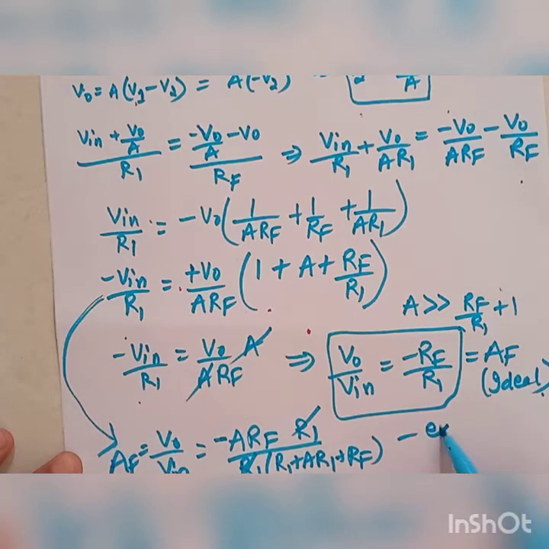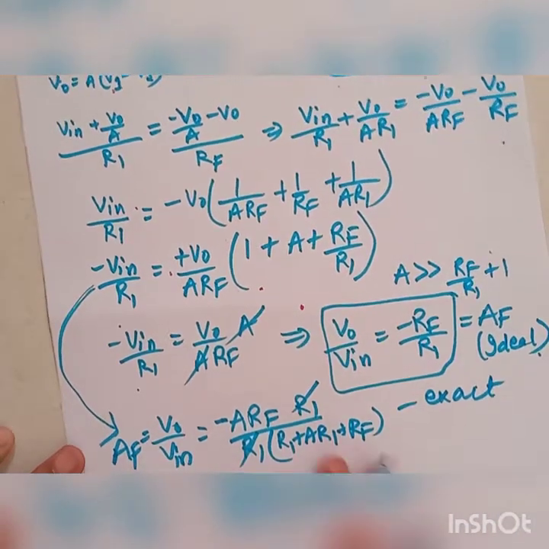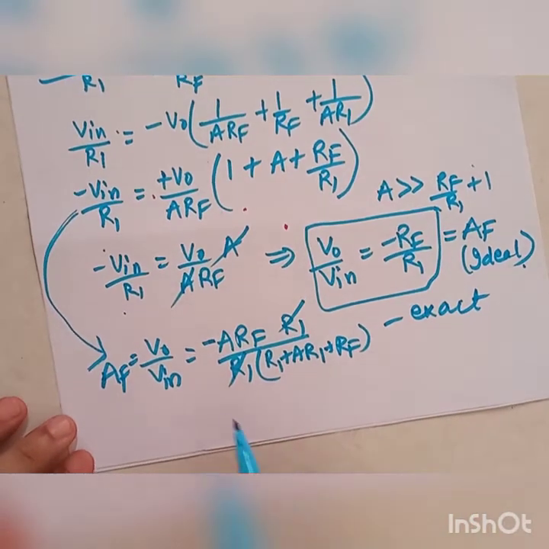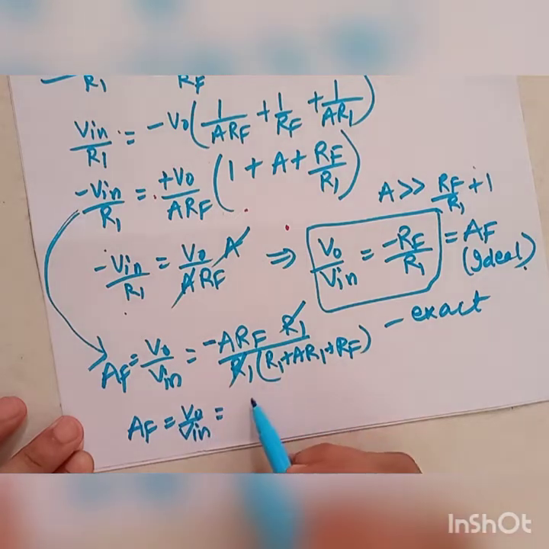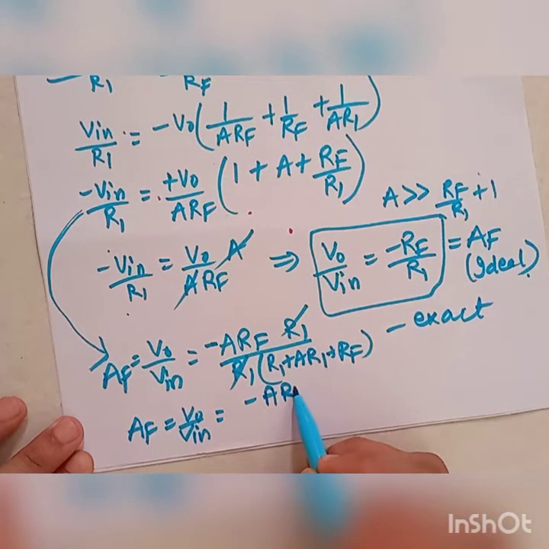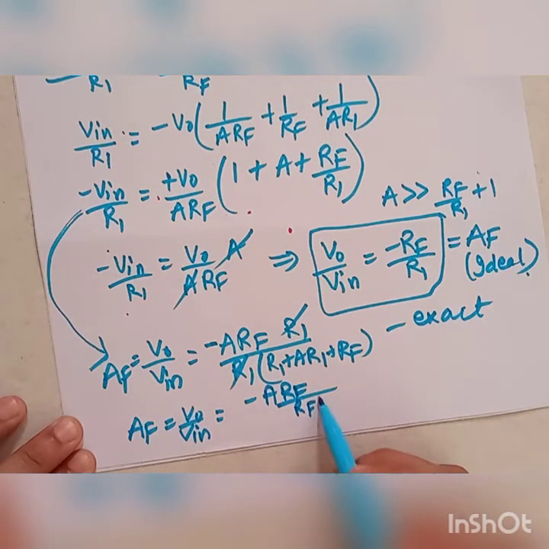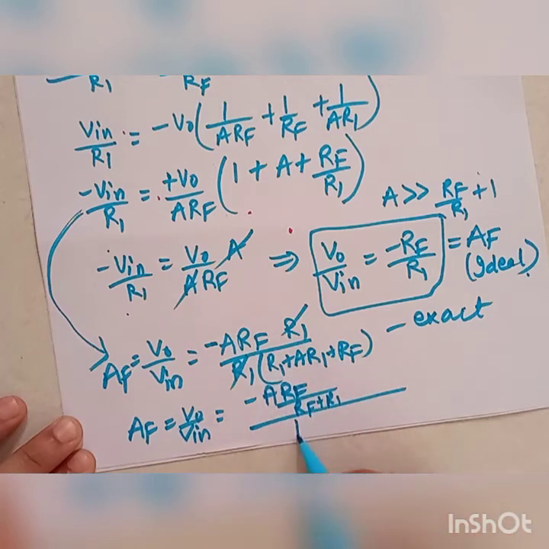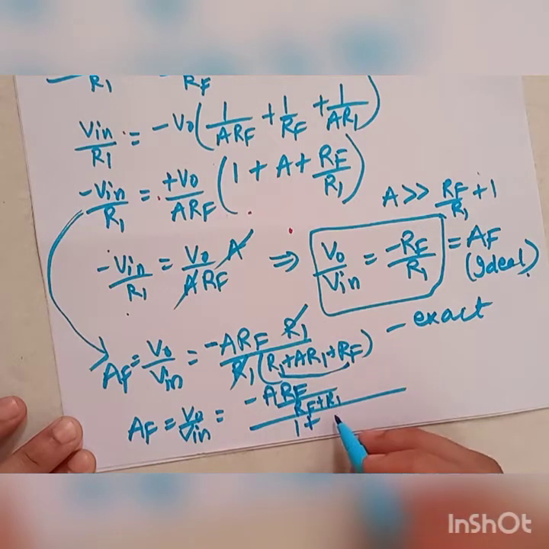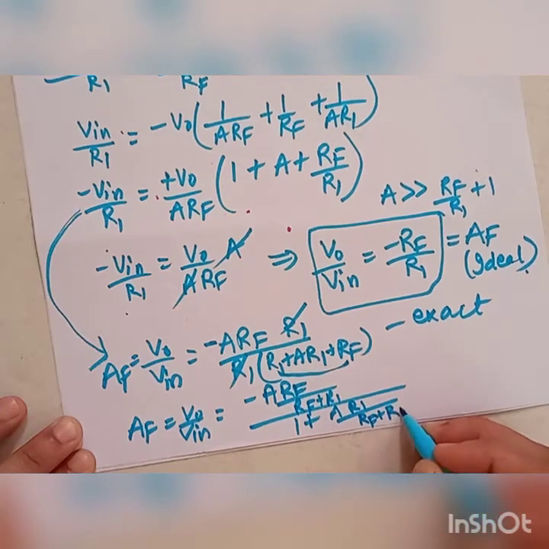If you want to modify it further, you divide and multiply both numerator and denominator by RF plus R1. Then these two terms will become 1, and this is A R1 divided by RF plus R1.